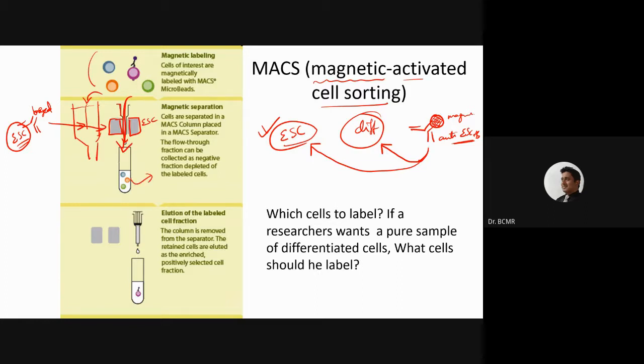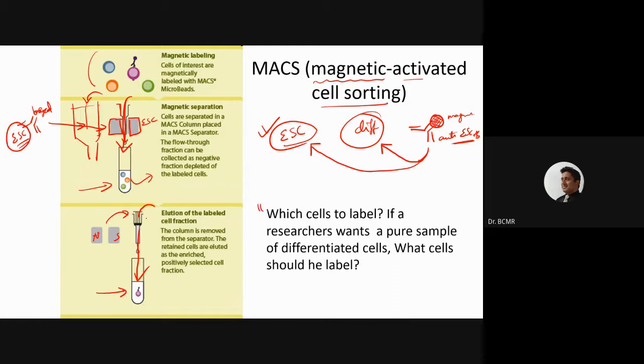If you later remove the column from the magnets, north and south pole, say, then the rest of the cells will also come out. You have done sorting. One type of cell is here and the other type of cell is in a different tube.